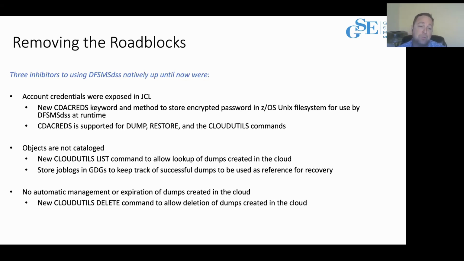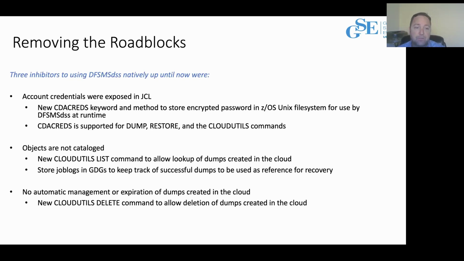There's no inventory. So what we've done is we've added a new cloud utils list command, and this will allow you to list the dumps you've created in a particular cloud, in a particular container. And so we could envision using this cloud utils list command along with job logs that created the dumps to act as an inventory when it comes to recovery.